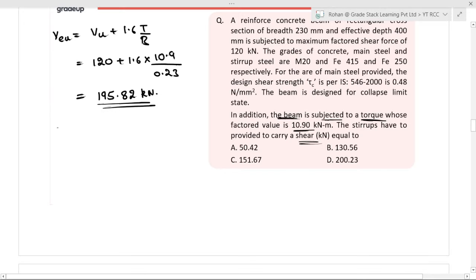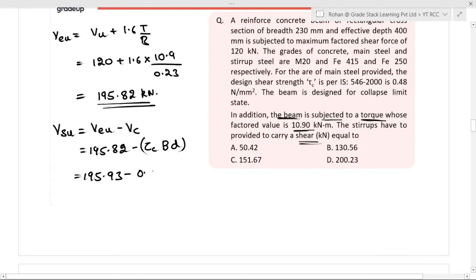But the shear reinforcement will be designed for Vus, which is equal to Ve minus Vc, which is equal to 195.82 minus tau c into bd, which is 0.48 Newton per mm square multiplied by 230 multiplied by 400 into 10 to the power of minus 3.